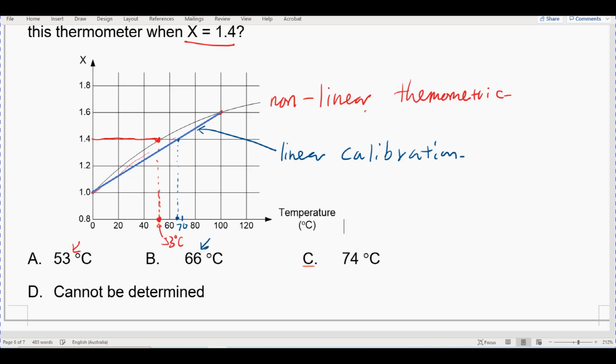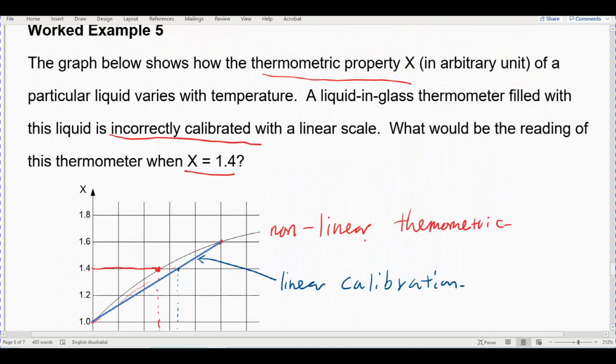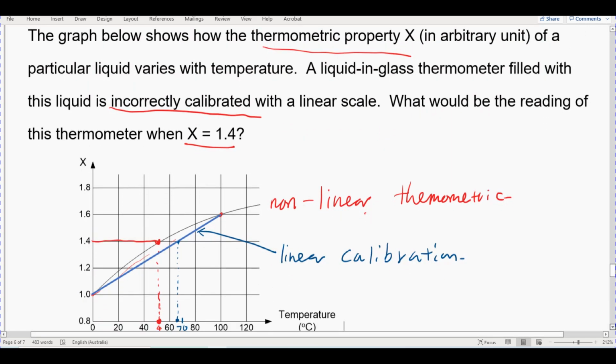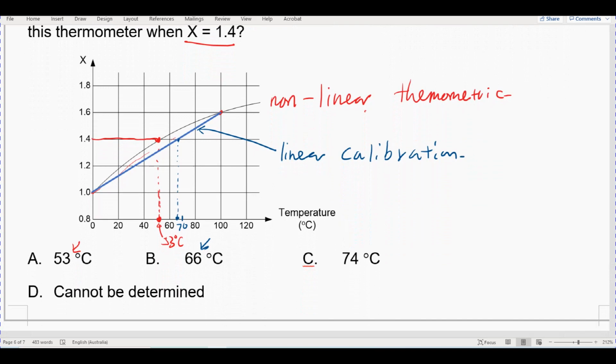So which one should be the answer? When you read the question, they said your liquid-in-glass thermometer has been incorrectly calibrated. That means you can't use the correct reading. You can only use the incorrect calibration on the liquid-in-glass thermometer. So the answer will be B. I hope that makes sense.